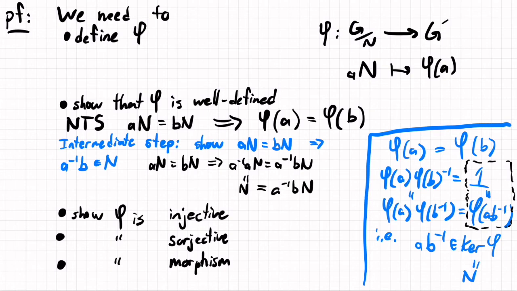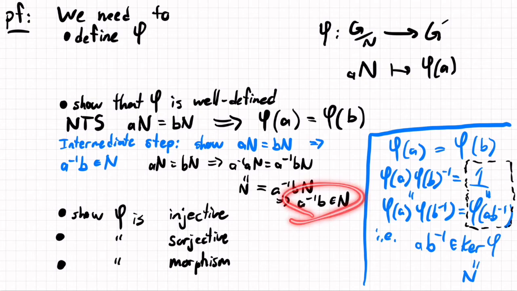Now because these two cosets are the same, everything in this coset is in this coset, and in particular a inverse b is in this coset. So that shows that a inverse b is in N.